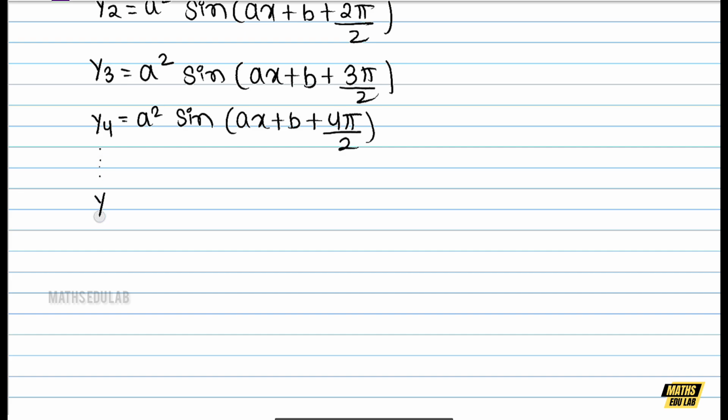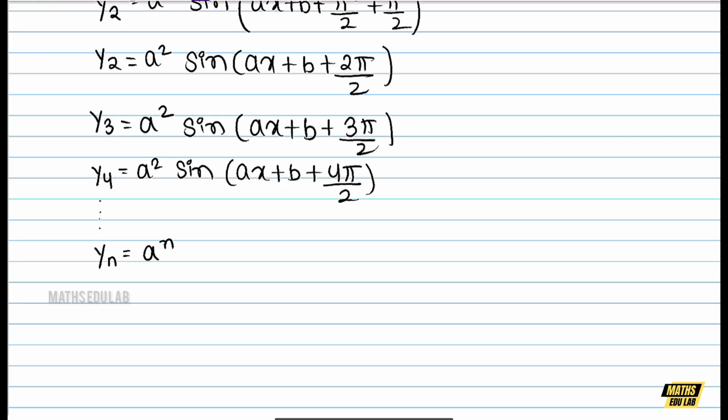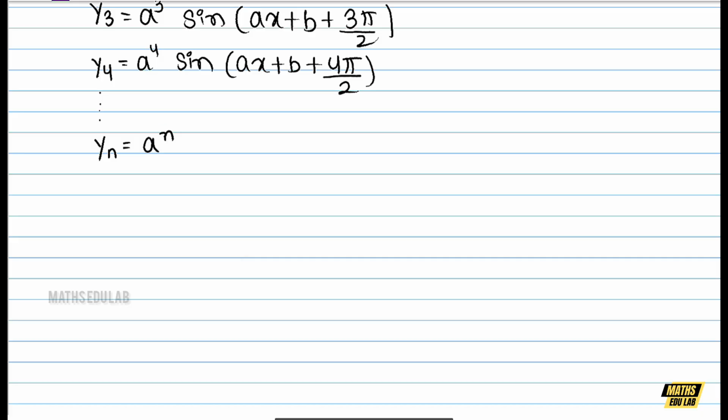If you do the derivative up to nth time for the given function, then the result will be written as a to the power of n. Here I just made a mistake. If you see here, this will change to a cube and this will be a to the power of 4. And similarly, a to the power of n sine(ax + b + n pi by 2). So this will be the result of the given function if we do the derivative for nth time.